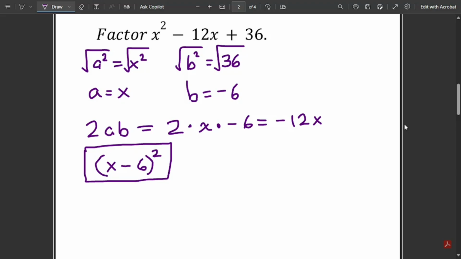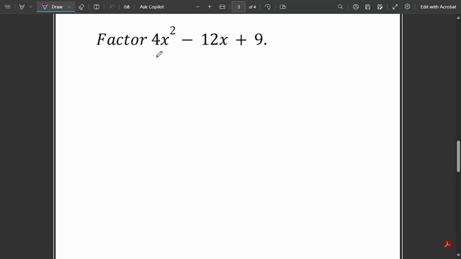Okay, let's try a little bit harder example where the number in front of x squared is not equal to 1. Okay, in this one, we have a squared is equal to 4x squared, and b squared is equal to 9.